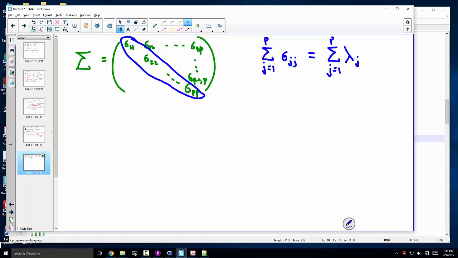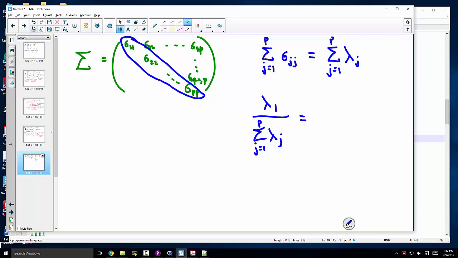Think of variation as information, so the total information content is equal to the sum of the eigenvalues. What that means is, let's take lambda 1 divided by the sum of the lambdas.